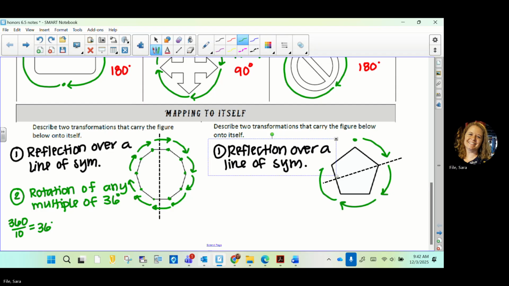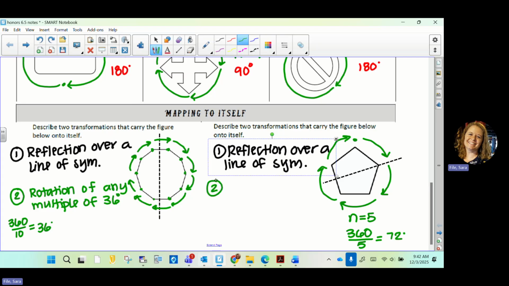3, 4, 5. So it's rotational symmetry of order 5, which I would do 360 divided by 5. What did we say that was earlier? 72.